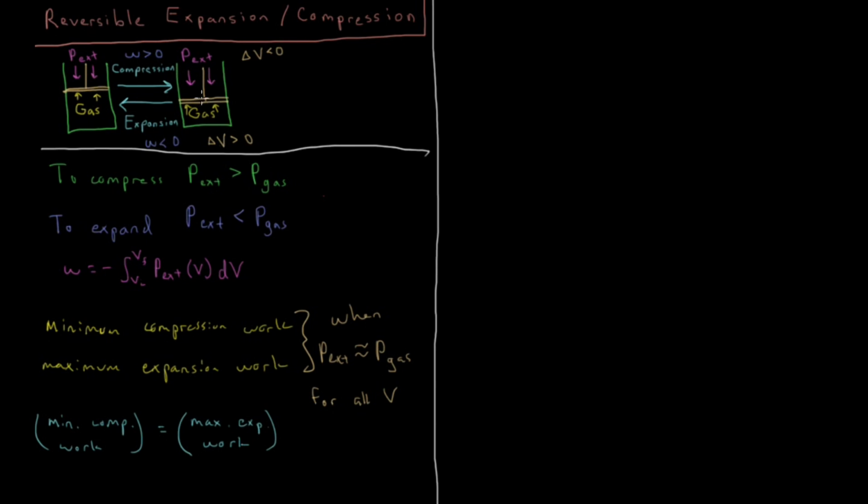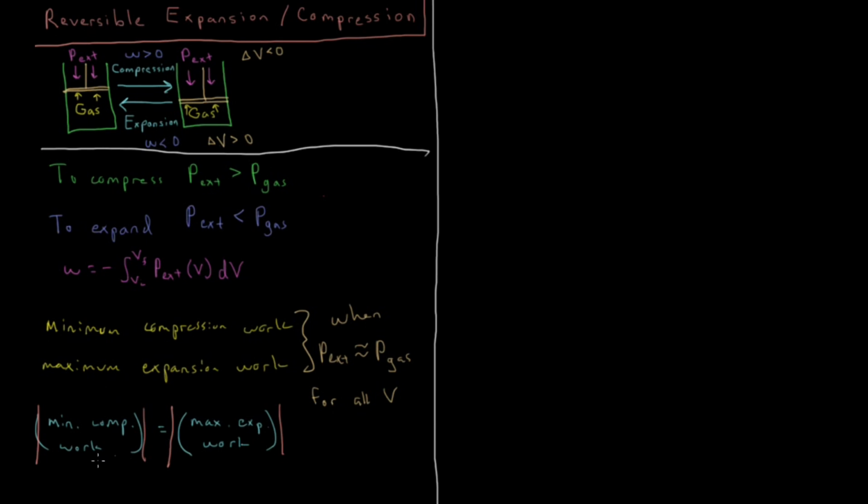And if we did it in that way, we would have done no net work, because those two are equal to each other. Well, at least in magnitude. I should put magnitude bars there because they would be opposite signs.